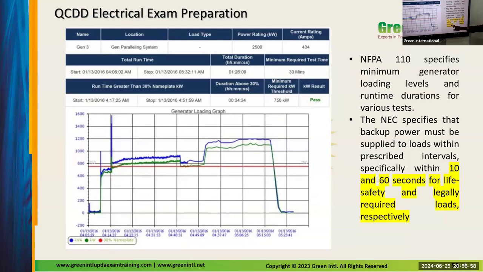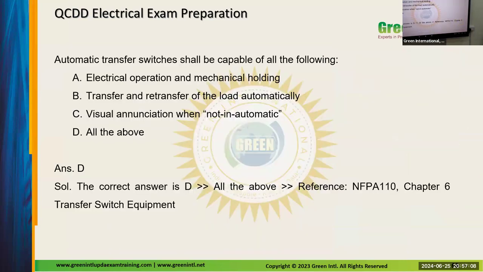So we need to remember these terms. So ATS will be capable of 3 operations.